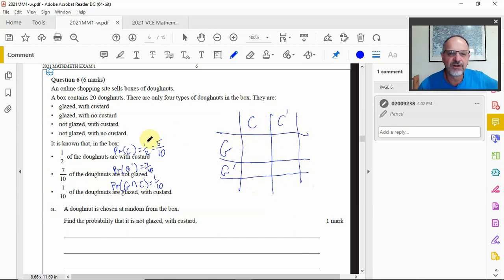And so I'm going to fill in, and it says probability of custard. So custard, it could have glazed or not glazed as long as it has custard. So 5/10 of them have got custard. Some of them are glazed, some of them are not. Probability not glazed, so that's this row here, is 1/10.